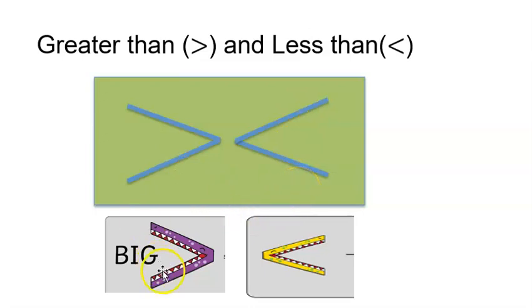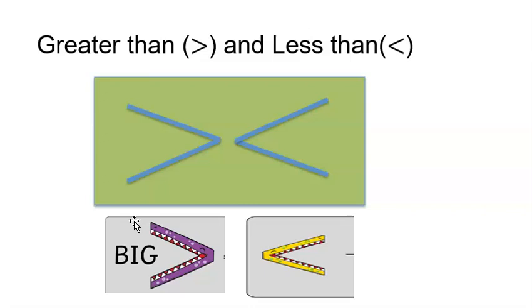Okay? So this is the greater than and this is the less than. What do we mean by greater than? Greater than is any number that is bigger than another number or any object that is bigger than another object.